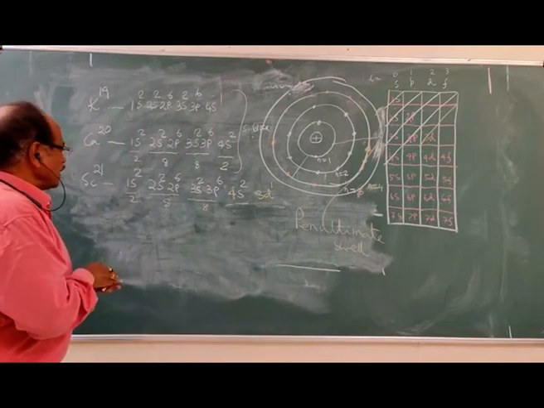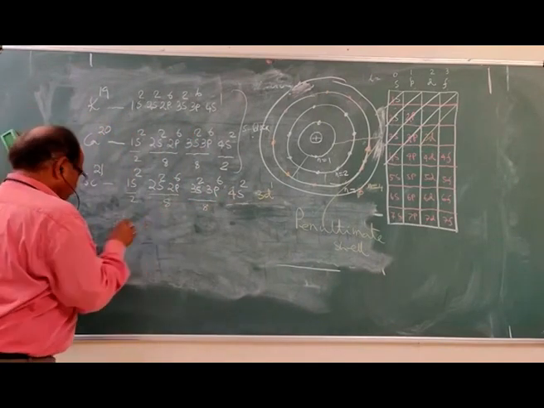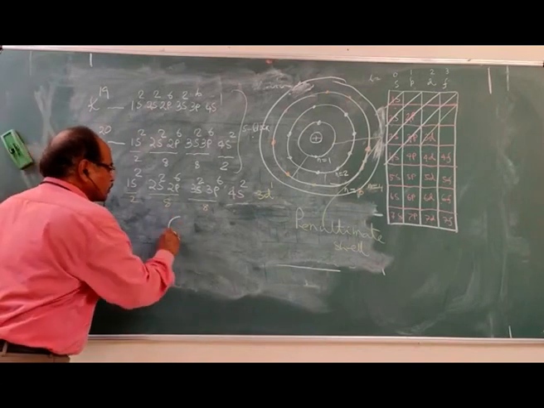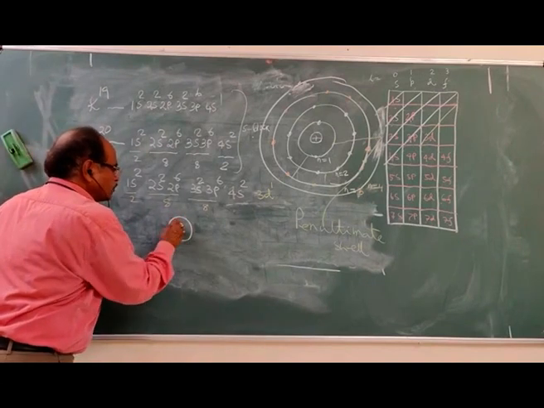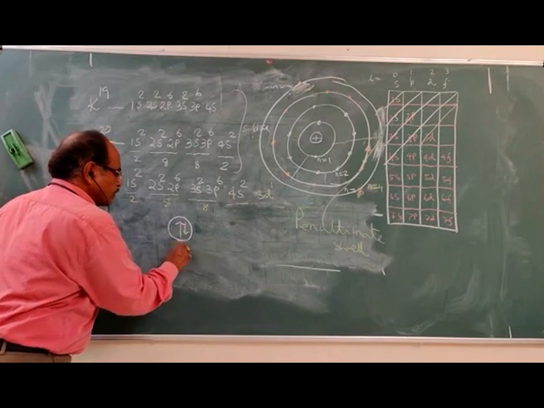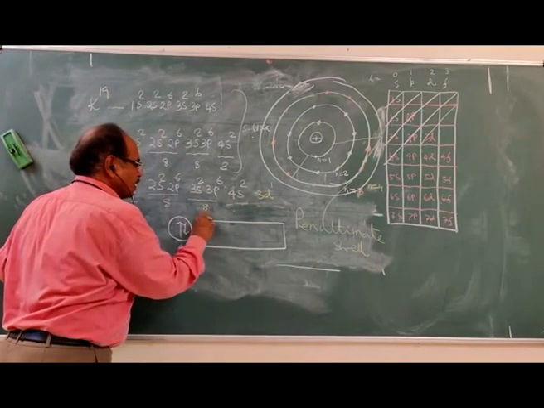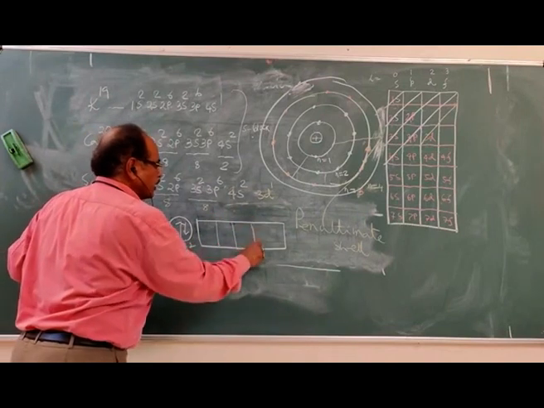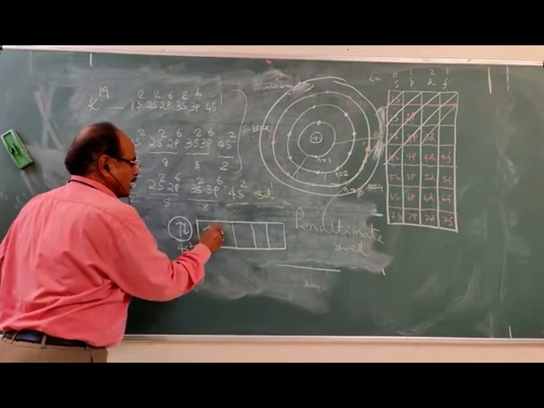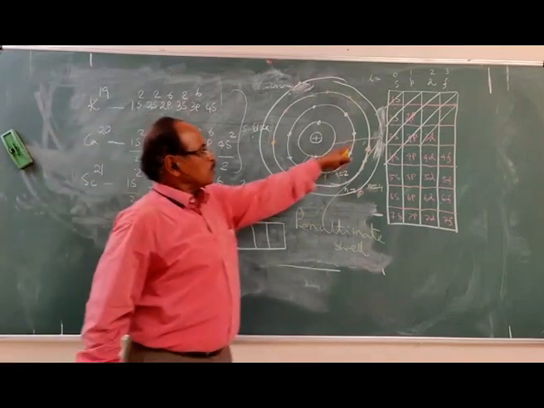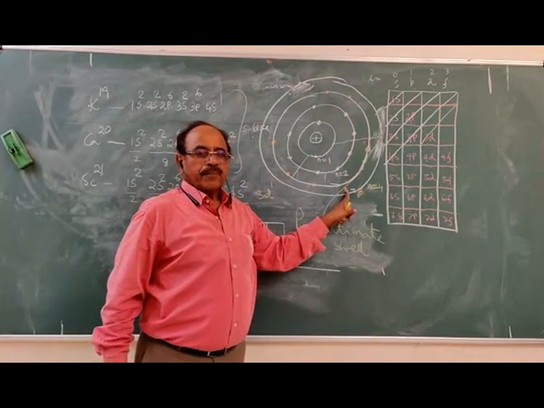This 4s2 is filled up. Now this outermost shell 4s2, and 3d5, 1, 2, 3, 4, 5. So one electron now comes to the penultimate shell.